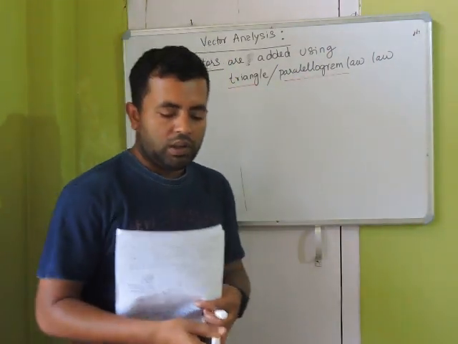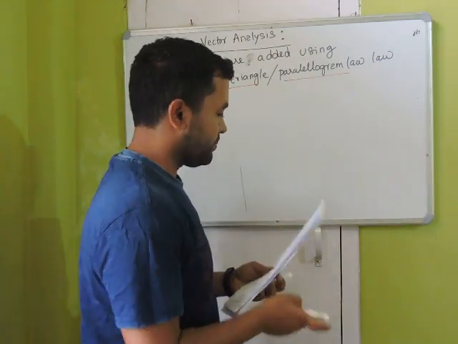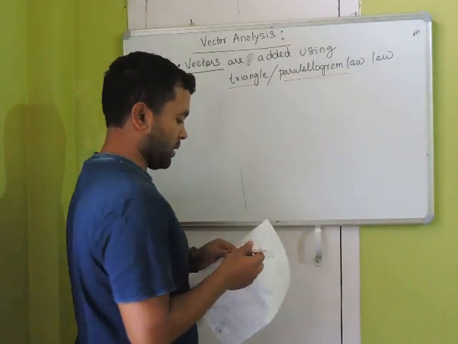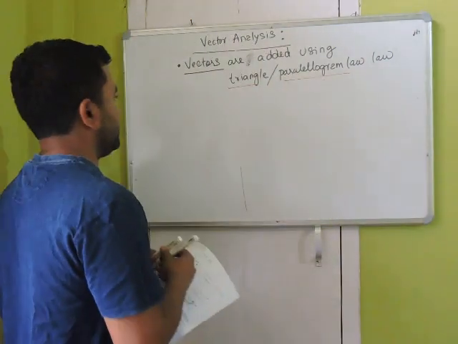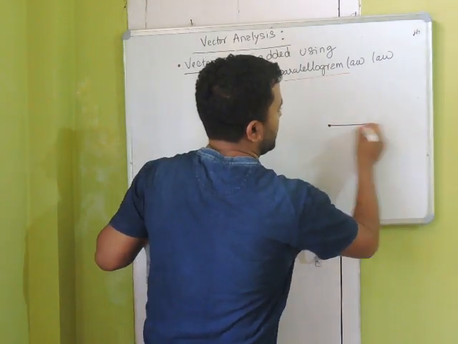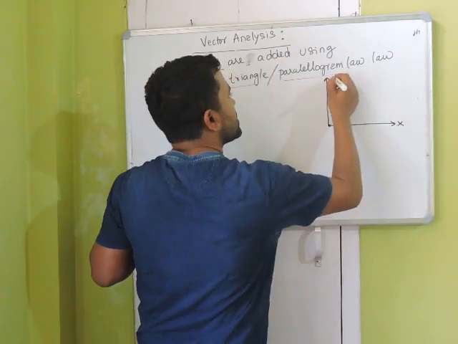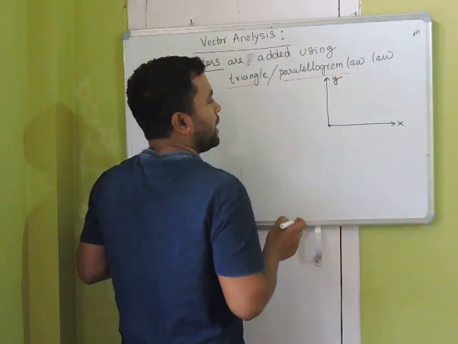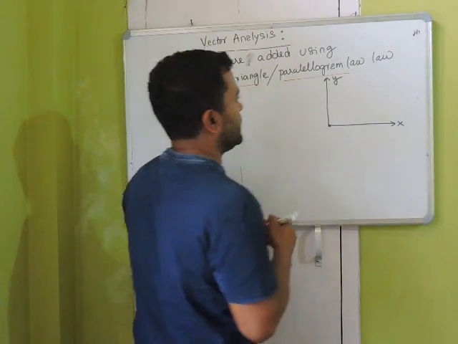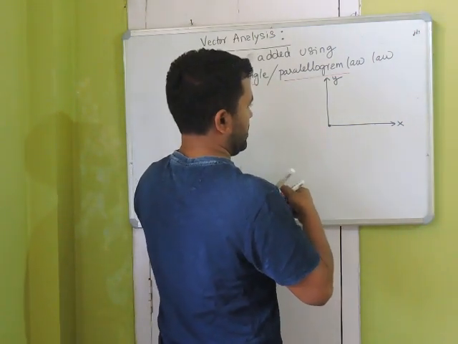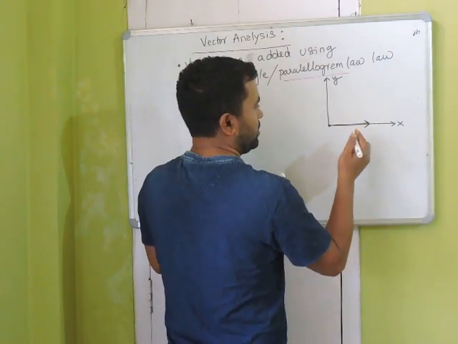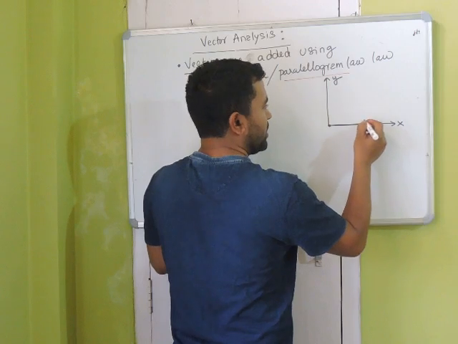Now let us take one example. Suppose this is your x-axis and this is your y-axis, right? Now let us say the information is that you went this much, and we are representing it by this arrow.